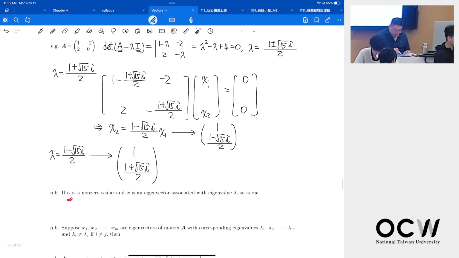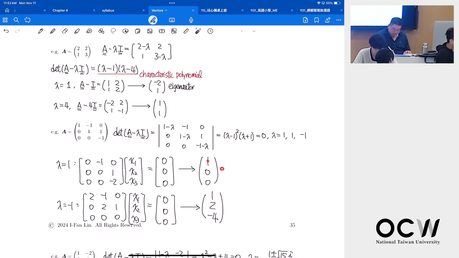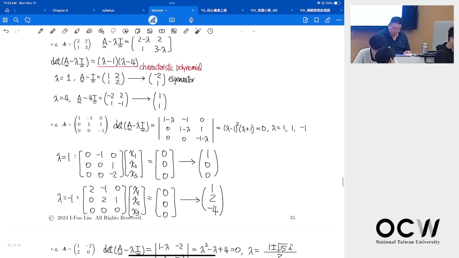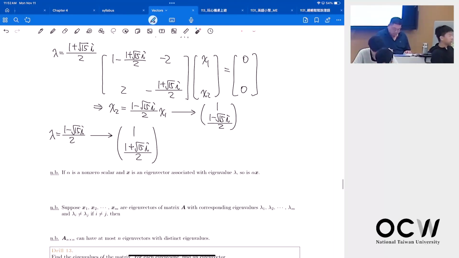If alpha is a non-zero scalar and x is the eigenvector with the eigenvalue lambda, then x times alpha, the eigenvalue is still lambda. Just like here, I said that you can choose 1, 0, 0 or 2, 0, 0 or 4, 0, 0. It's just like alpha times 1, 0, 0. They have the same eigenvalue.